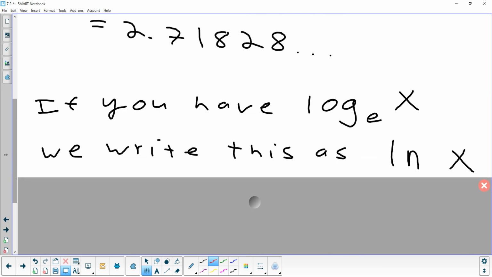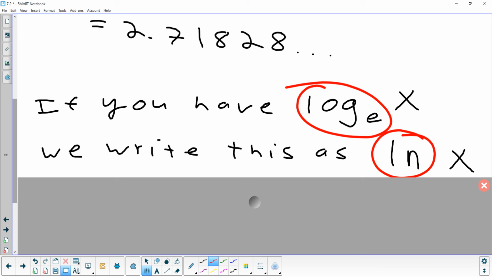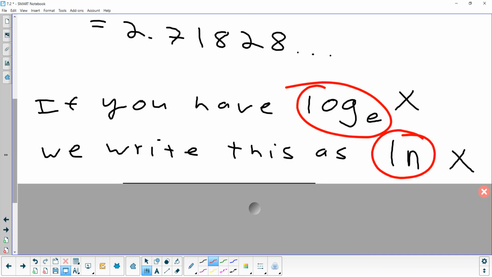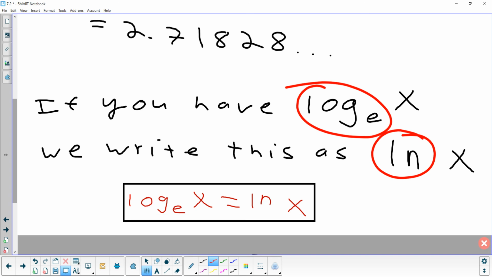So if you ever see a base of e on a log, just like I circled before, you never actually write that. It's one of 2 special cases with logs. If you have a base of e, you can take what I just circled in red and abbreviate it with lowercase l, lowercase n.